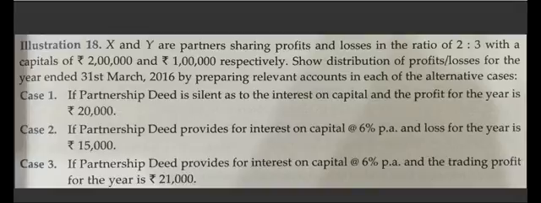It says X and Y are partners sharing profits and losses in the ratio of 2:3 with a capital of 2 lakh and 1 lakh respectively. Okay, so let us write down the facts. There are two partners, X and Y, sharing profits in the ratio of 2:3.